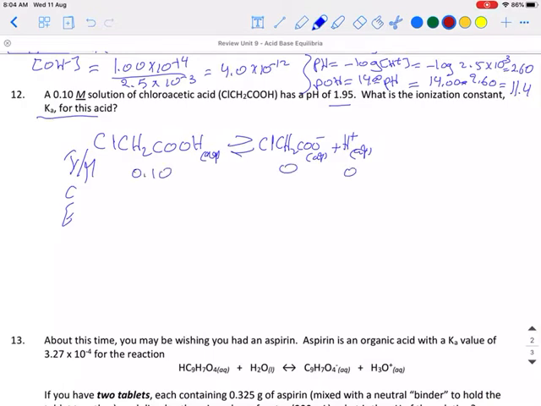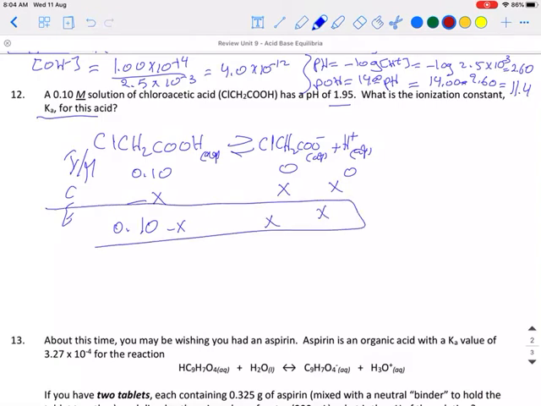The initial in molar is 0.1. This is 0. I will assume H plus is approximately 0, minus X, X, and X. So at equilibrium, 0.10 minus X, X, and X.